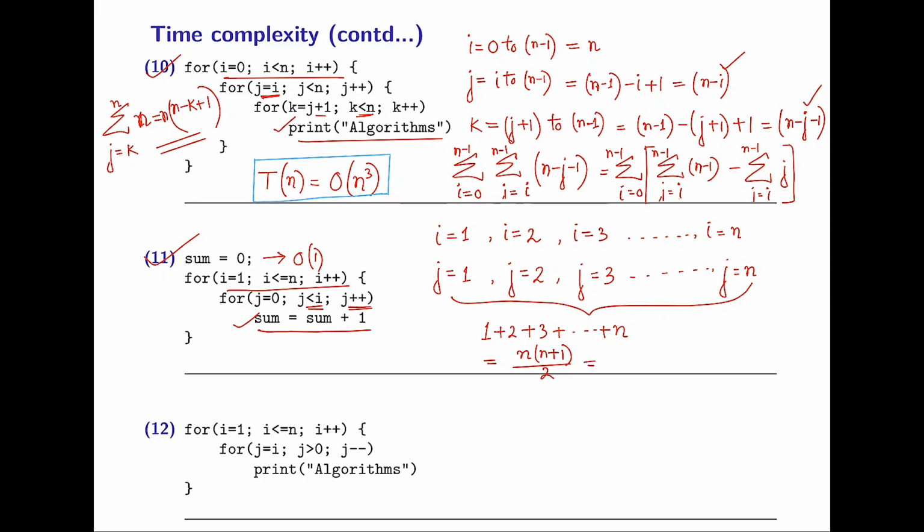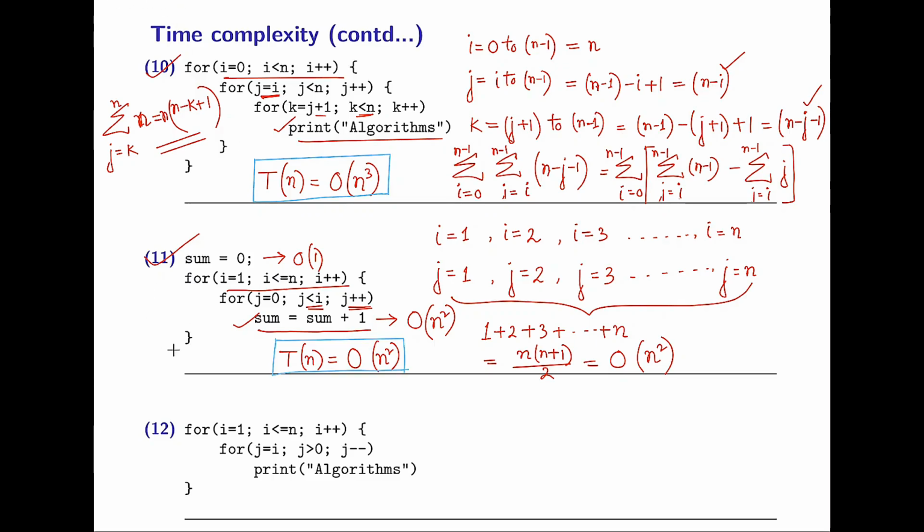So if I write in terms of asymptotic notation, we get n square plus n divided by 2. So the highest order term I will take, discarding all the lower order terms, it will be what? Big O of n square. So how many times is the statement inside the loop going to execute? Big O of n square. So what is the time complexity for this algorithm? T(n) is equal to big O of n square.